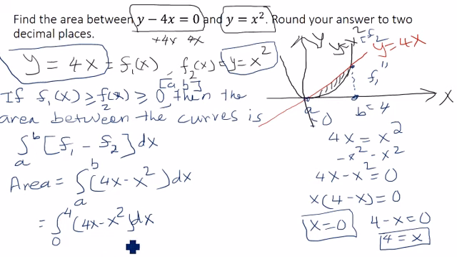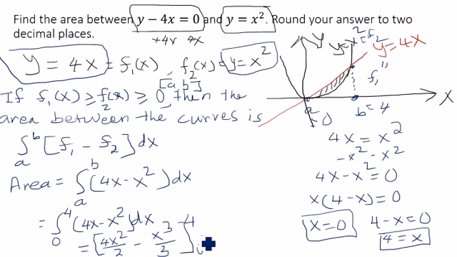Now we have to evaluate this integral and then plug in these limits using the definite integral rule. So the integral of 4x is 4x squared over 2, minus the integral of x squared, which is x cubed over 3, and we're going to put these brackets outside, and the lower limit is going to go down here in the bottom right corner, and the upper limit, 4, is going to be on the top.